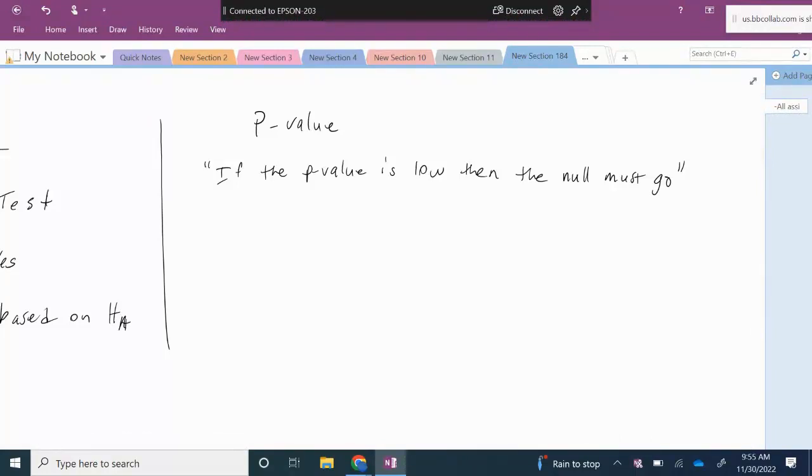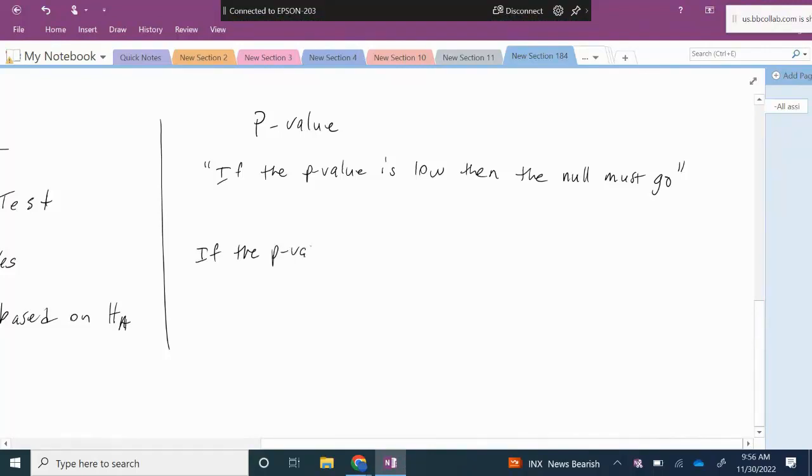You're either going to fail to reject the null hypothesis, and you're also going to accept the alternative hypothesis. But you never accept the null. You either reject it or fail to reject it. All right, so here's the 2 setups for the p-value.